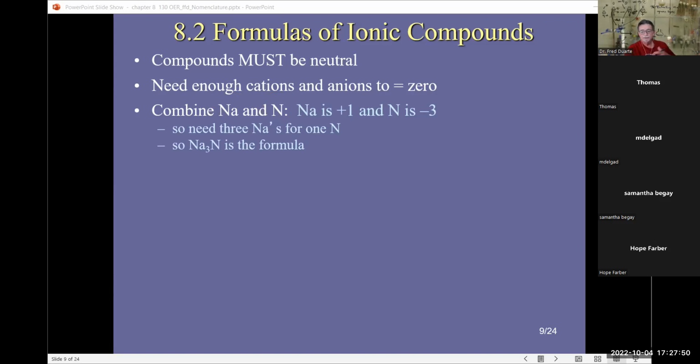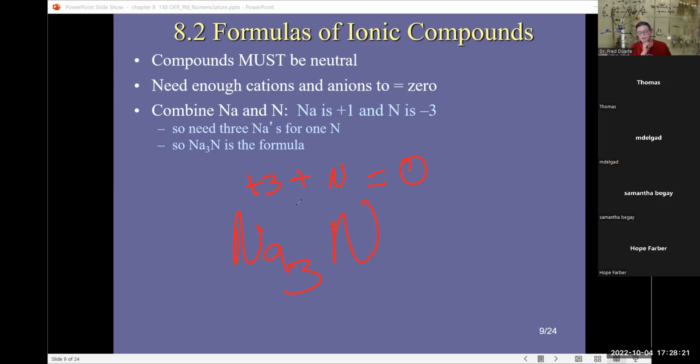Now, it works both directions. Okay, let's say you're given the formula for this, okay? And you're like, I don't remember for whatever reason what the oxidation number is for nitride. But you do know that it's got to be negative, right? What else do you know? You know, sodium will always be a +1. And there's 3 of them. And so what we have here is a +3 plus the nitrogen equals 0.